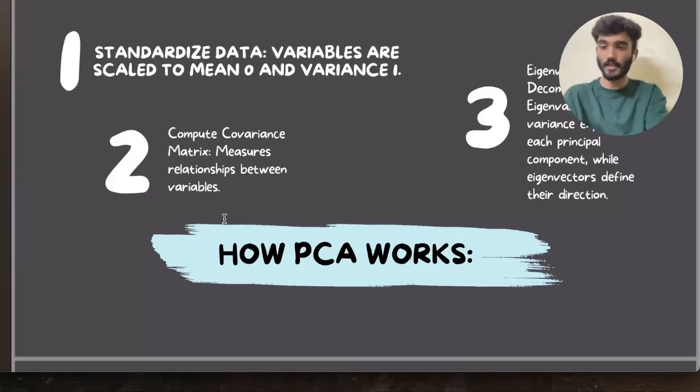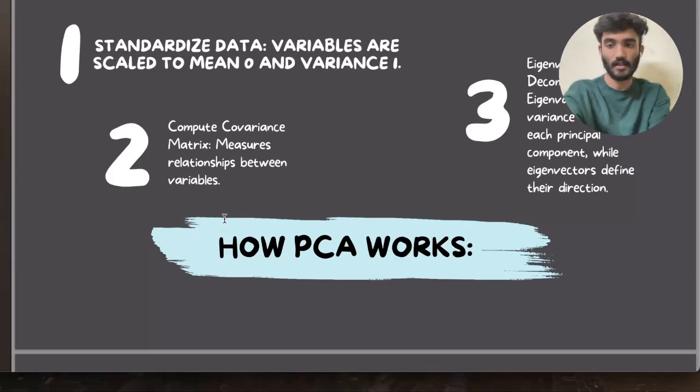And third is eigenvalue decomposition. Eigenvalues quantify the variance explained by each principal component, while eigenvectors define their directions.